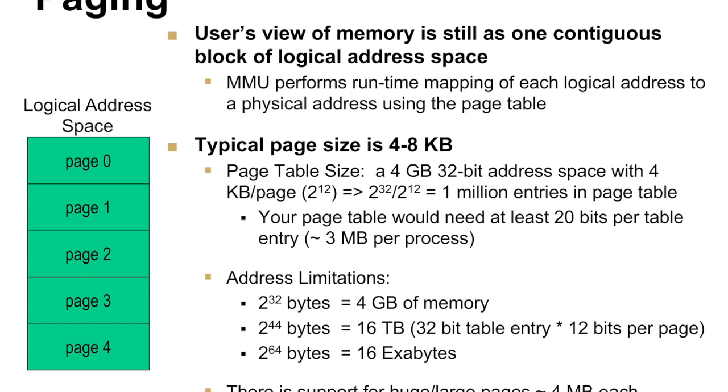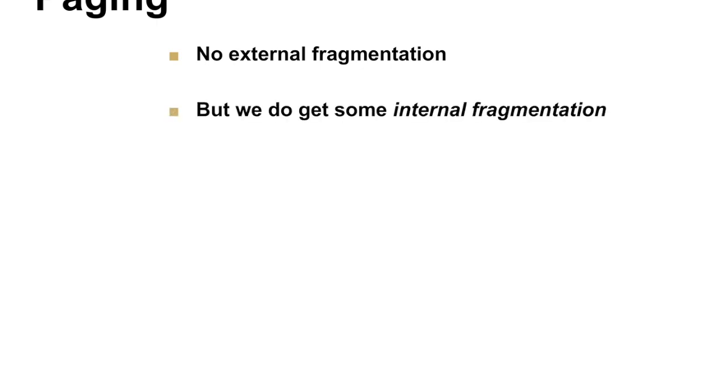So our page tables would be smaller, but we'd end up with very large frames. Is that a problem? Well, we have no more external fragmentation, which is great. So every single possible byte of main memory can be used, but we do have some internal fragmentation.